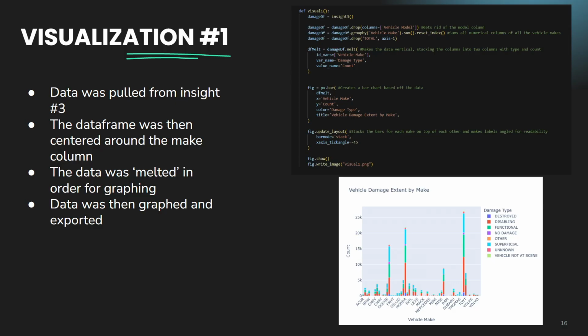Then we graphed it and made it easy to read: we stacked the bars and angled the labels so they wouldn't jumble up with each other. Then we show it here and export the image. You can see the proportion of what type of damage is most common. It seems like superficial damage is pretty common, as well as disabling.